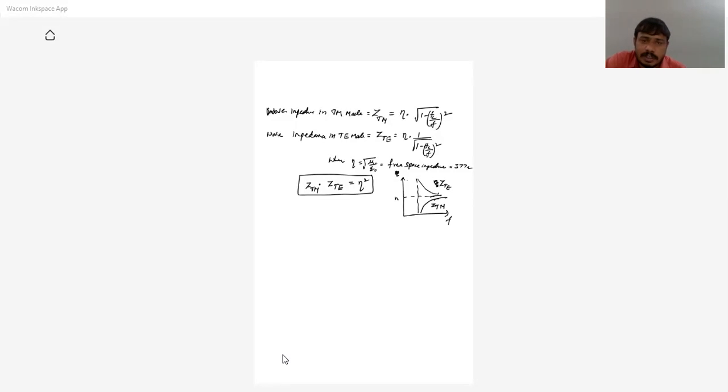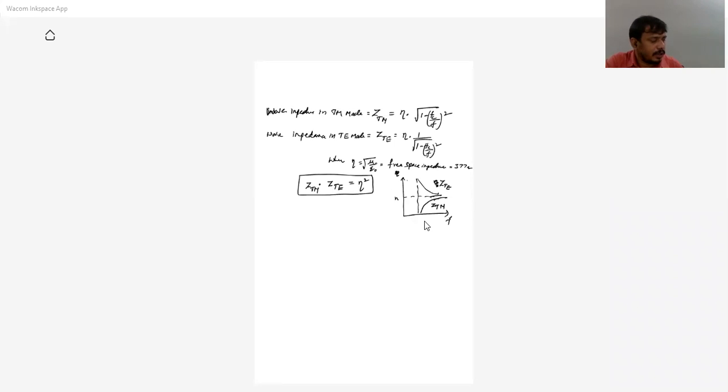By this equation, with increasing frequency, the term 1 minus something is decreasing, so ZTM is increasing with the frequency and ZTE is decreasing with the frequency. So these are the wave impedances in the rectangular waveguide.